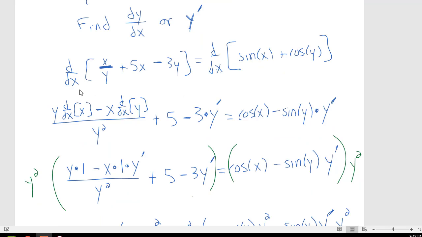The mental shortcut is, if I'm differentiating with respect to x, so if I have a variable here that doesn't match the differential operator, then I'm going to take the derivative like normal, which was negative 3y, right? Derivative of negative 3y was negative 3, and then I'm going to multiply by y prime. Here, I have the y variable, and x is my differentiation. So I'm going to take the derivative of cosine, which is negative sine, and multiply by y prime.